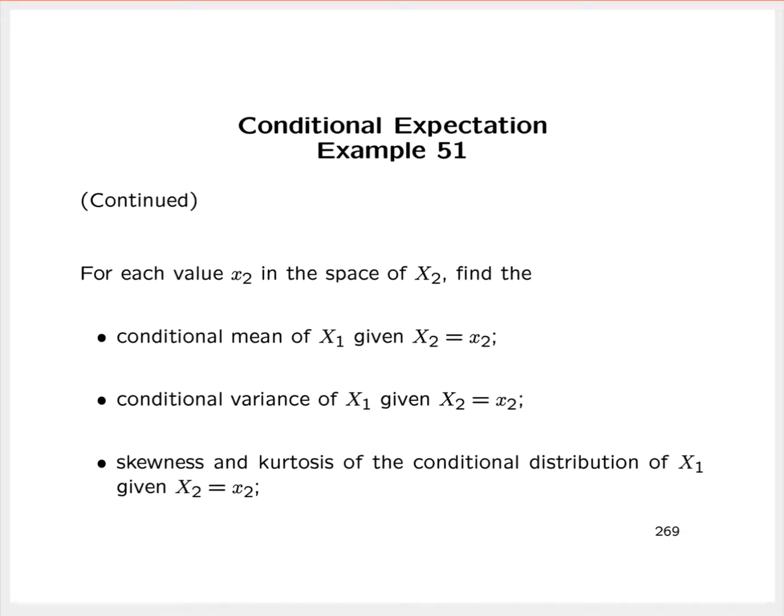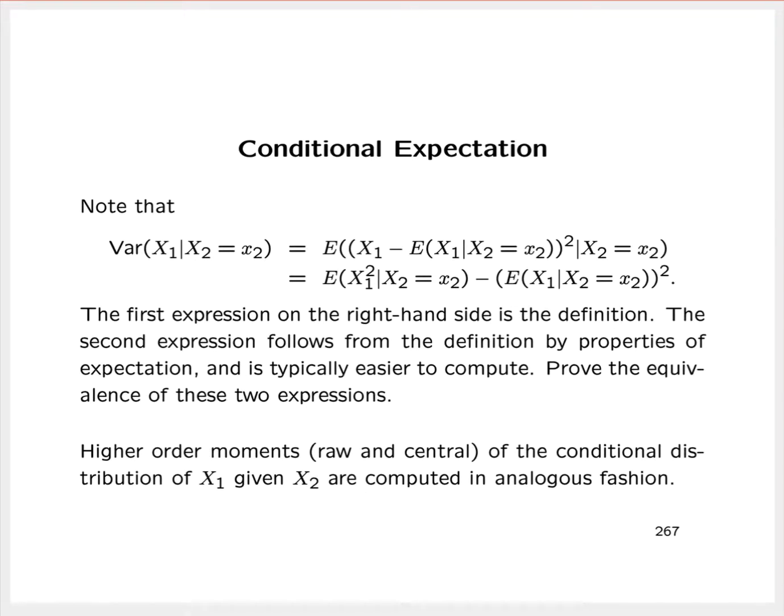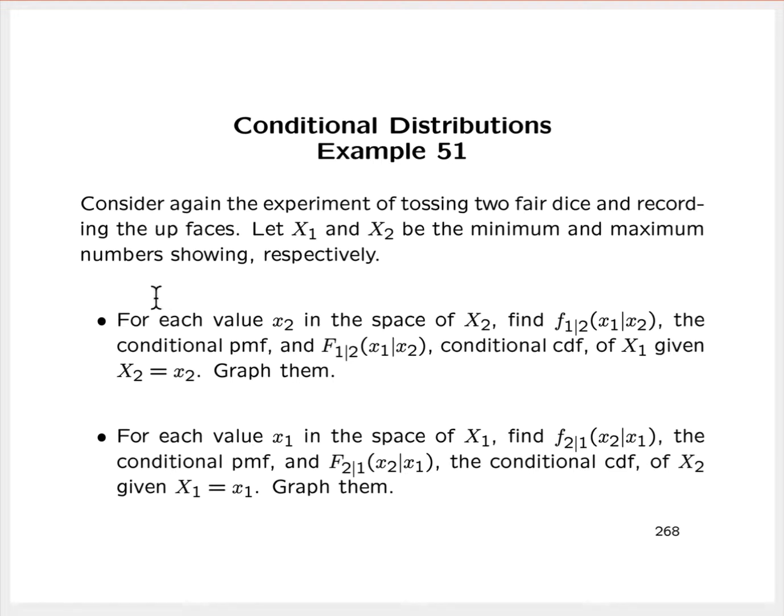Now, looking back in the notes, the first thing that we are asked to do is the first bullet point. For each value of x2 in the space of the random variable x2, find the conditional PMF of x1 given x2.